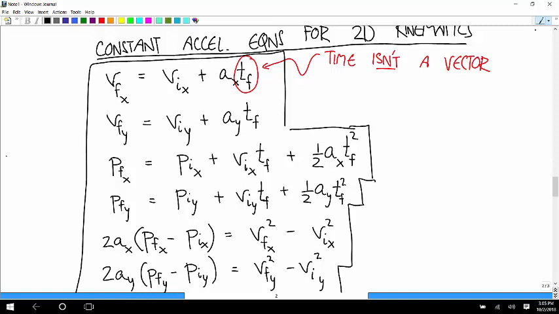And so now we want to look at those 2 equations and see if the rest of the variables in either one of those are known. If you look at this one, we didn't know tf, so we can't use this one. And if you look at this one, we didn't know vfx, so we can't use this one. And now, that whole long thing I said, you say, wait a second, we do know this.